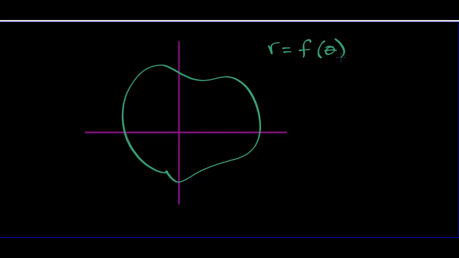Now what I want to do is figure out what is the bounded area in this curve. Or let's suppose I just want the bounded area over part of it. Let's suppose I want to go from this angle alpha to this angle up here beta. Let's suppose that's what I want.